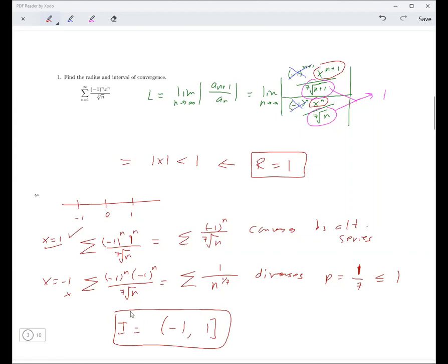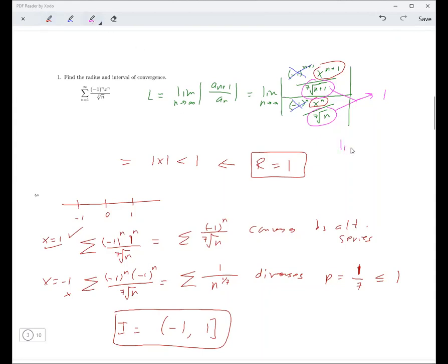Any questions about that one? So I'm sorry, can you explain what the 1 means? Like the one in purple? Yeah.